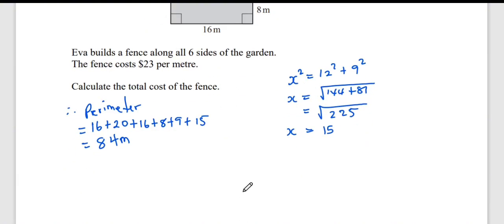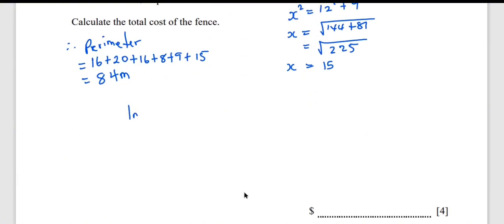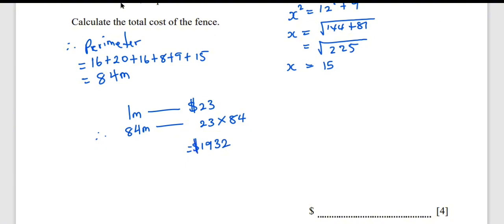So we have 84 meters, and if 1 meter costs $23, therefore, 84 meters will cost 23 times 84. 23 times 84 will give us 1932 in dollars. Okay, so we'll come here and write our 1932 as our answer.